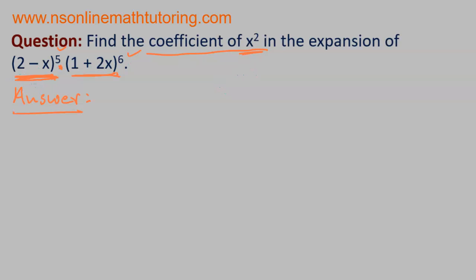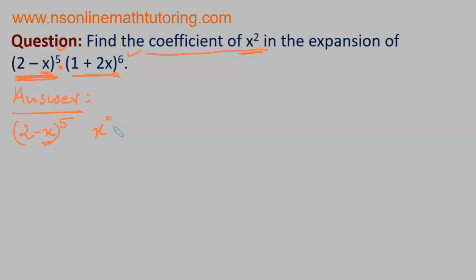Now, if we take the first binomial expansion, that is (2 minus x) raised to the power of 5, x is the second term. Since x is the second term, we know that the power of x will just go on increasing in steps of 1.